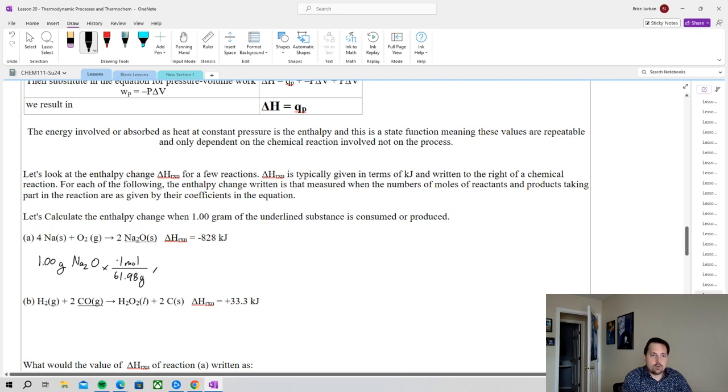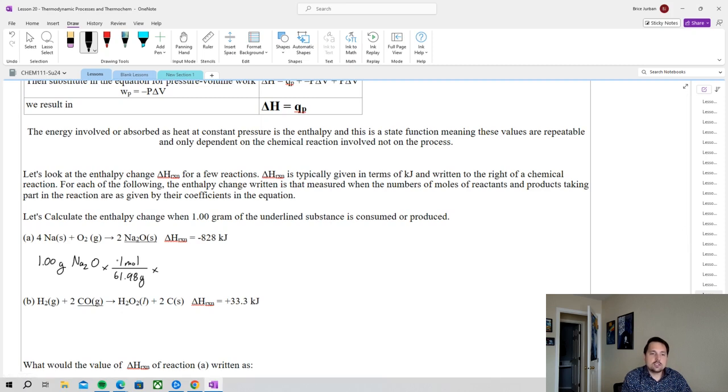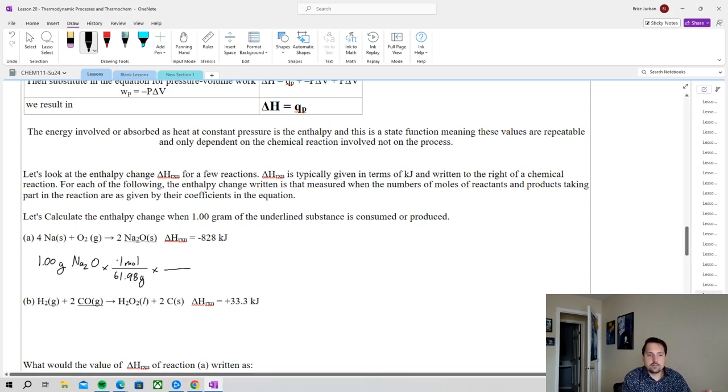And then what we can do is use this enthalpy of this reaction. And this is negative 828 kilojoules for however many moles of the substance that's written, of each of these substances. So it's negative 828 kilojoules for every 4 moles of sodium, for every 1 mole of oxygen, or for every 2 moles of sodium oxide.